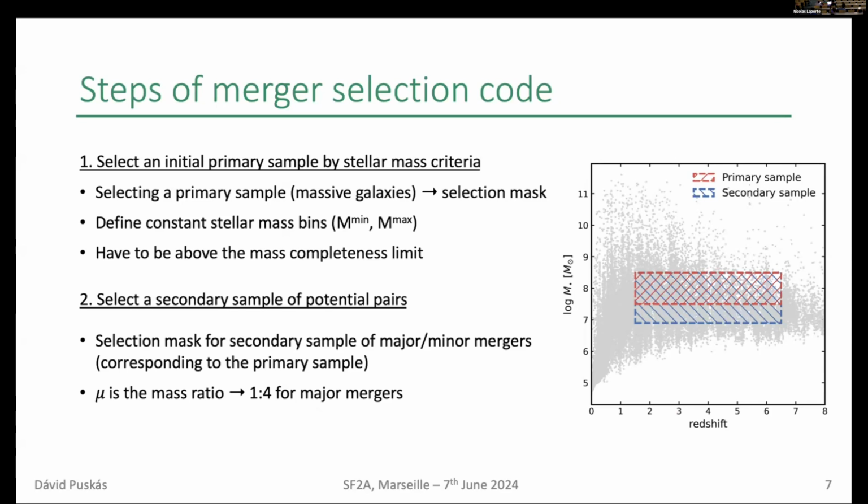As you can see on the plot, which is the stellar mass distribution of our sample with redshift, the red box is the primary sample, so we define constant stellar mass bins, and we look for satellites around these primaries, as the blue box shows. So we are probing deeper. But very important to note that the mass bins for the primary sample are above the mass completeness limit.